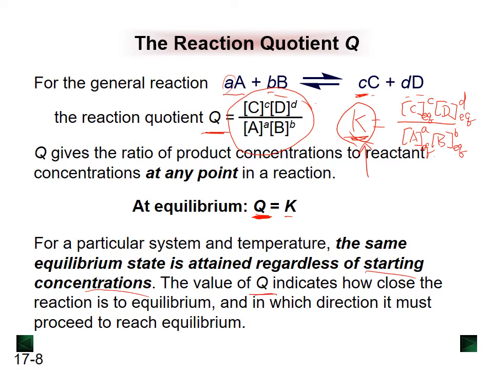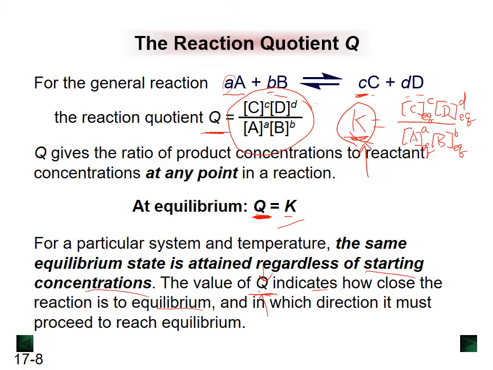You can calculate Q at any time, the product over reactants. So Q can be any value. But Q indicates how close the reaction is to equilibrium. For example, if you calculate Q and it equals K, that means the reaction has already reached equilibrium.